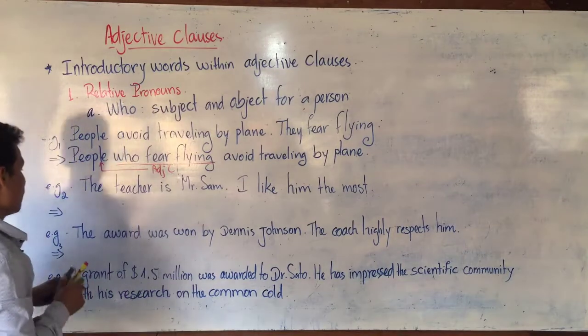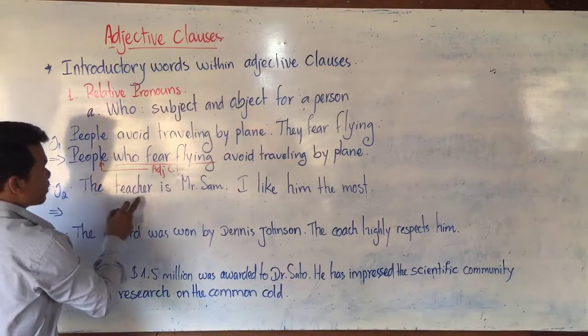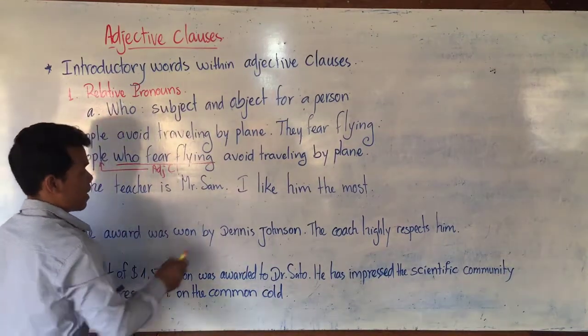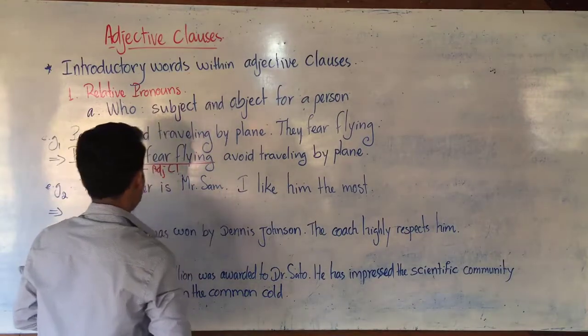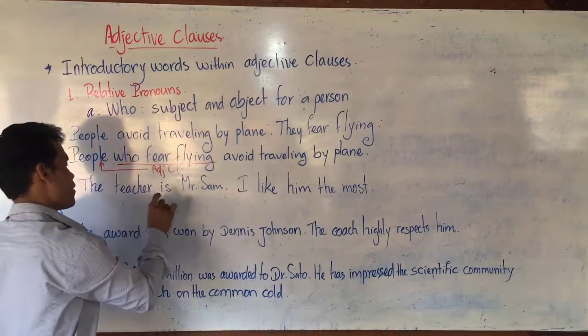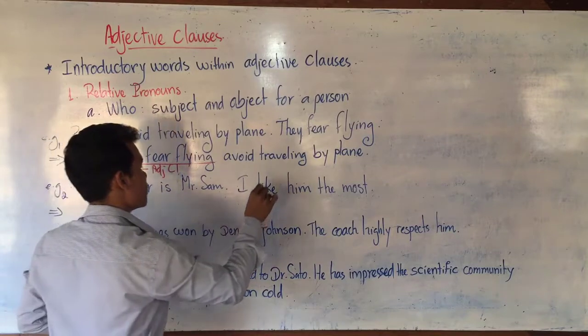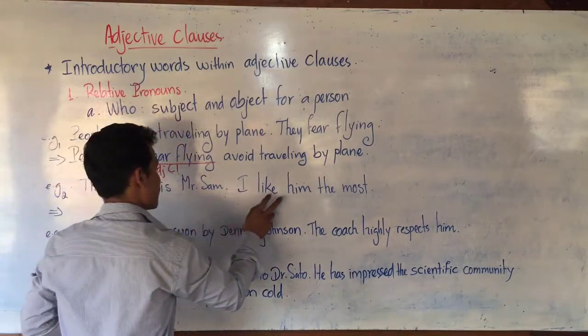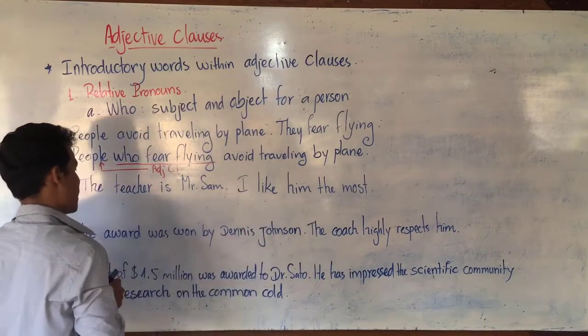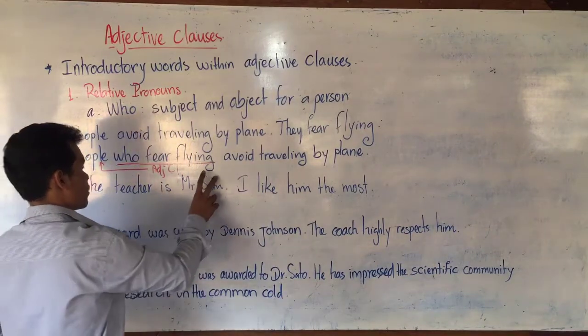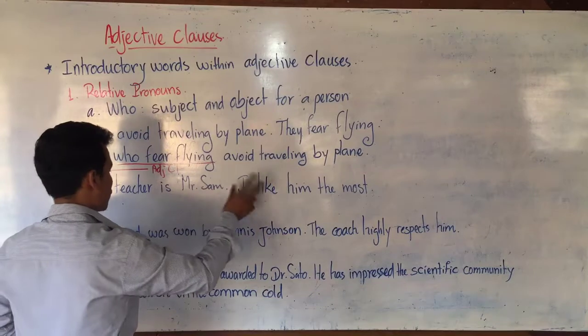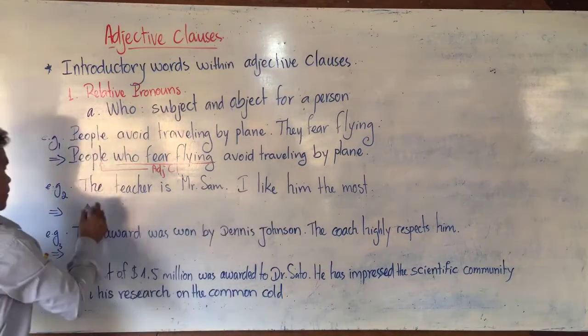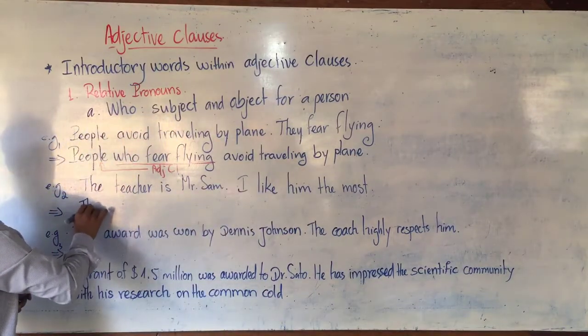Number 2. The teacher is Mr. Sam. I like him the most. So which noun in the first sentence is the same as a noun in the second one? The teacher and him, or Sam and him. But here we don't need to use Sam, we use only the teacher and him. That's why we use the teacher as the head noun or antecedent.